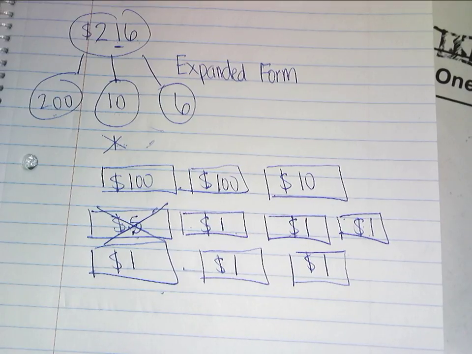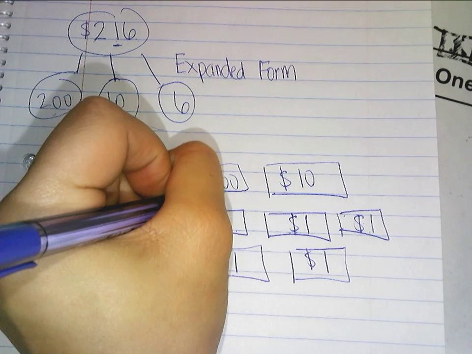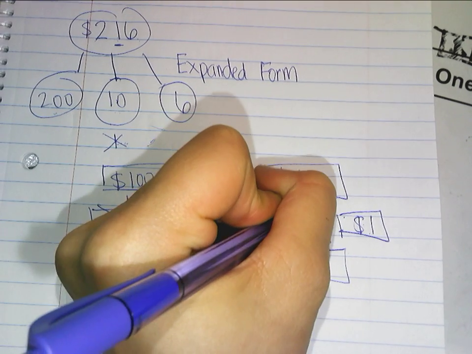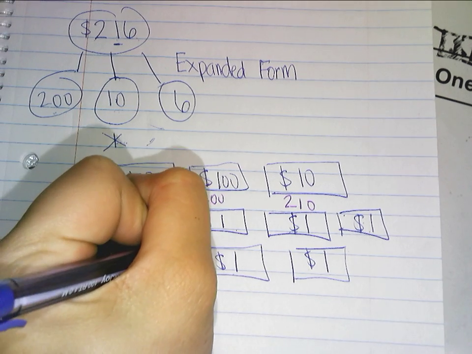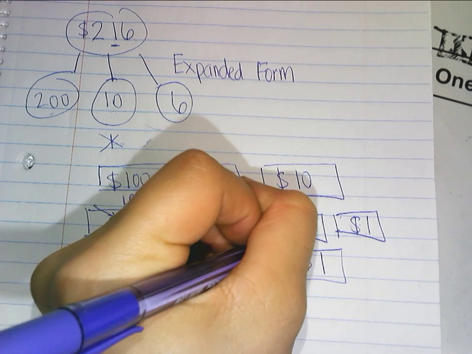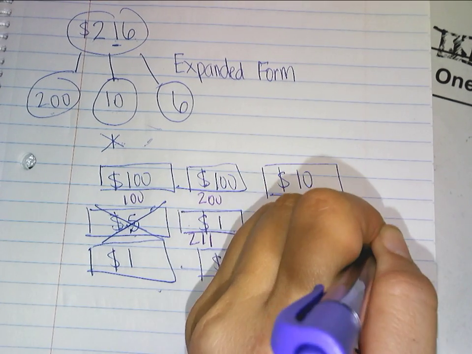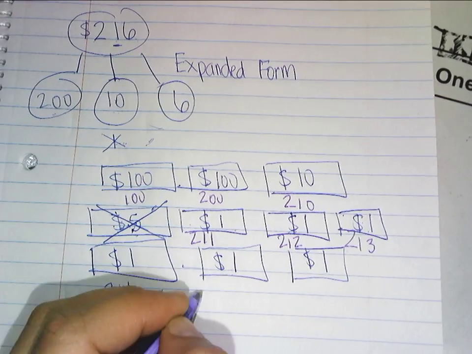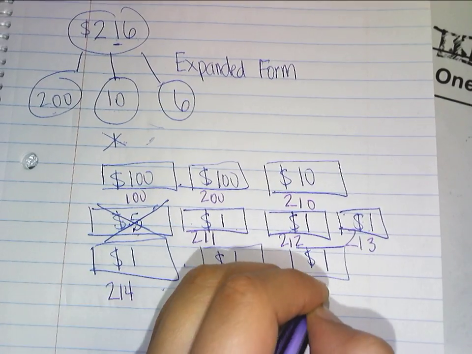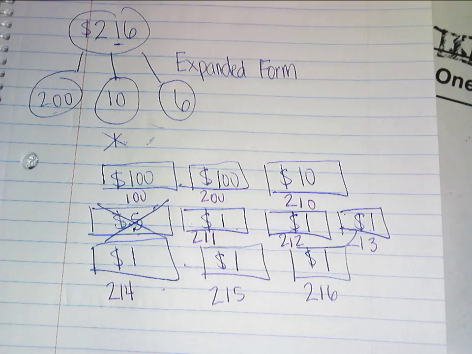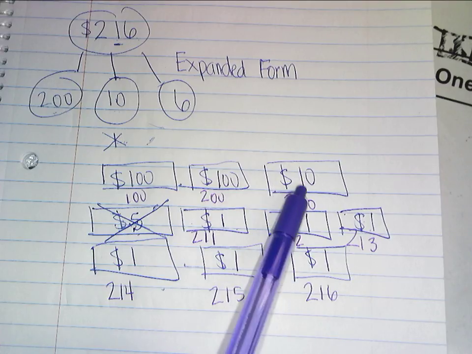So if I counted the value of this, the total value is 100, 200, 210, 211, 212, 213, 214, 215, 216. Just like using those quick sketches for the units when we're counting on our place value mat and when we're counting on from a lower number to a higher number, now you're actually using dollar bills.